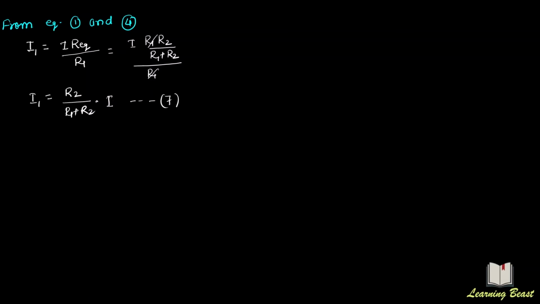Now this equation is the current division rule, which says that the current in resistance R1 is directly proportional to the resistance which is in parallel with R1, divided by the sum of the two, into the current which is dividing into the parallel combination. Similarly, we can write I2, which would be equal to the resistance which is in parallel with R2 divided by the sum of the two, into the total current.